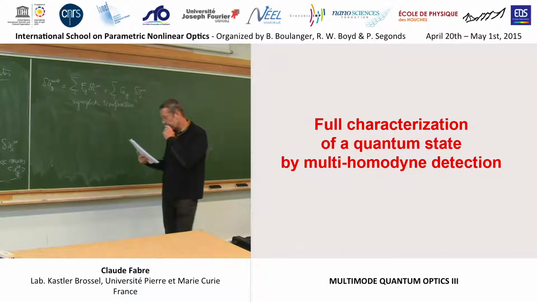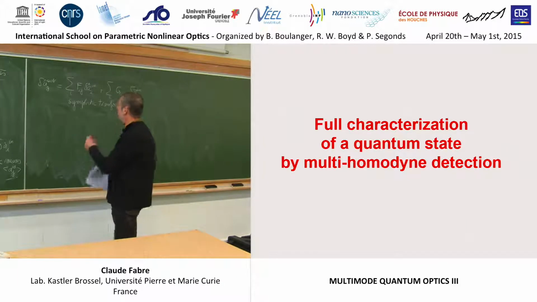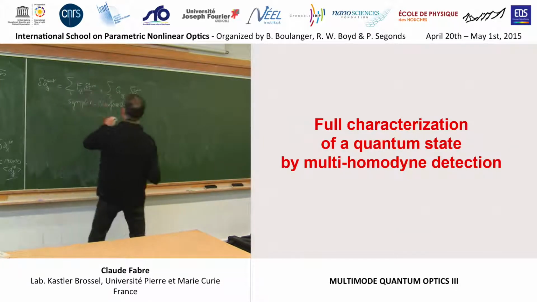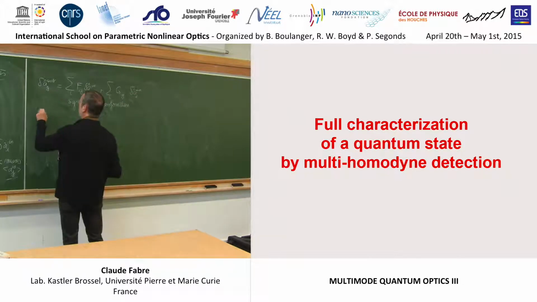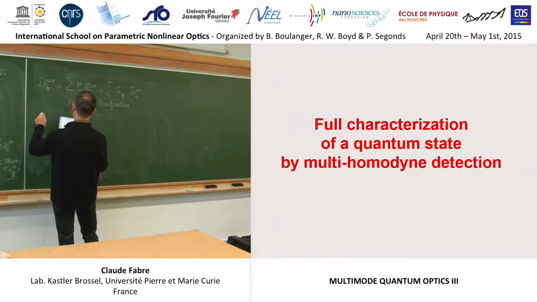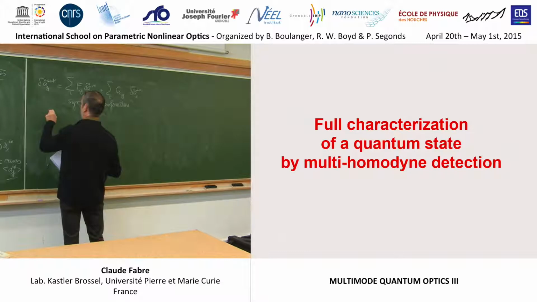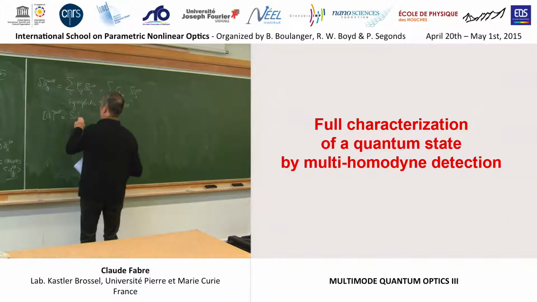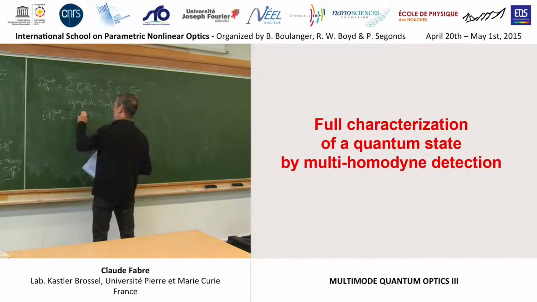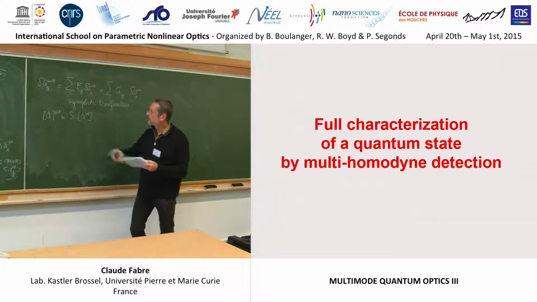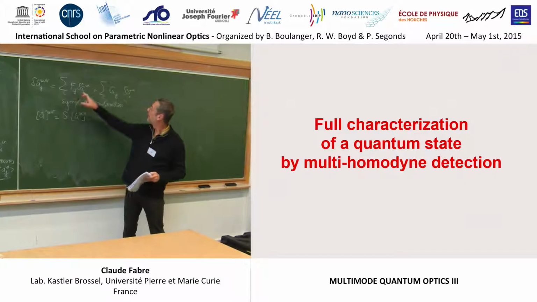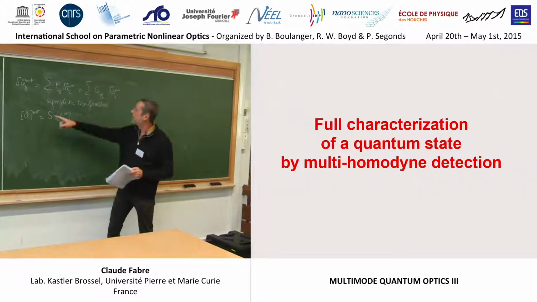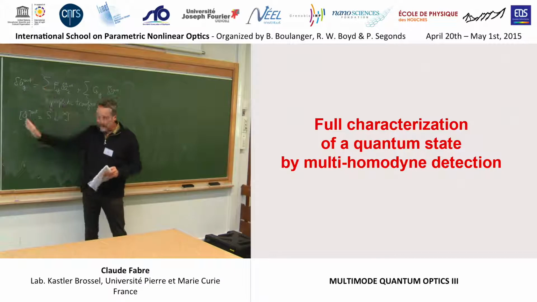So what are the properties which are interesting? I will write it in a way which is A out equals S A in. This is the column vector of the delta A, including the A's and the A daggers.